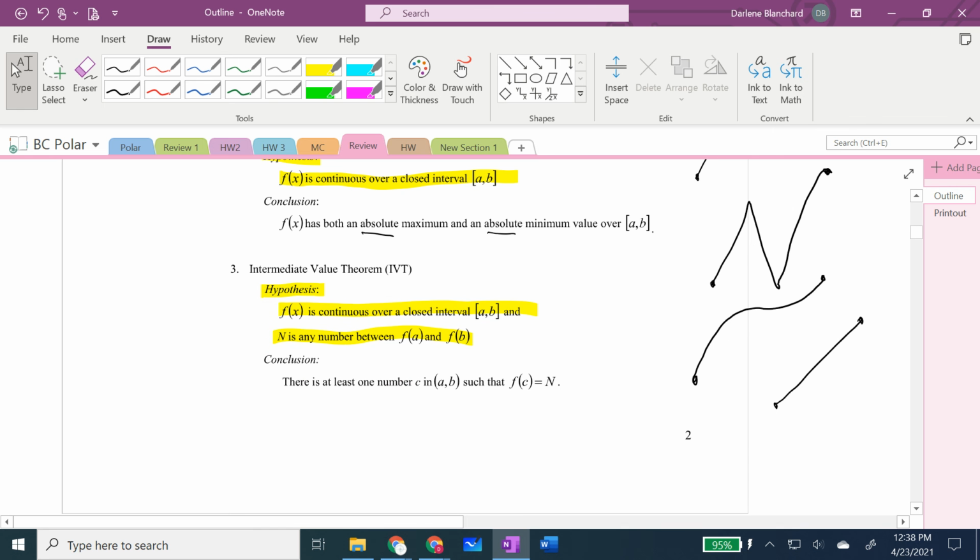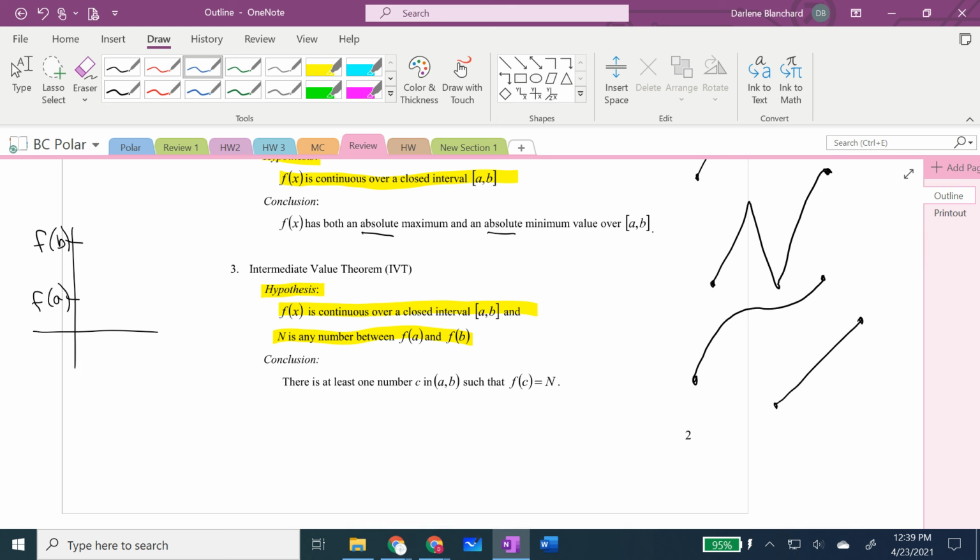For intermediate value theorem, know the hypothesis. You have to state the hypothesis in your free response. If it's multiple choice, sometimes they create problems where if you don't know the hypothesis, you're not going to be able to answer their multiple choice problem. Intermediate value theorem is saying if you have two y values, one of them is larger than the other, whichever order it is.